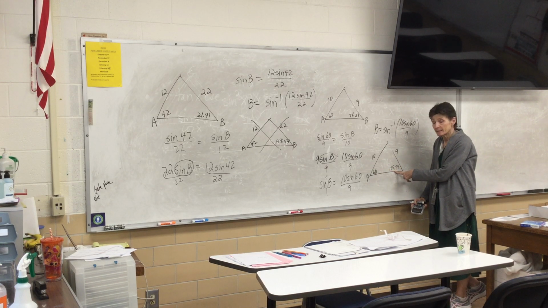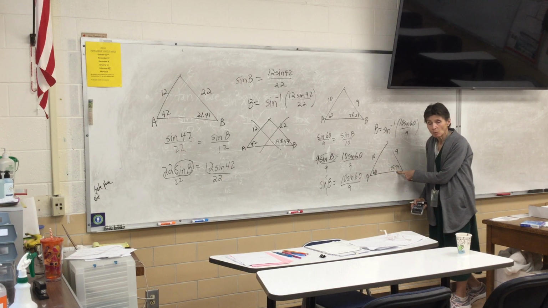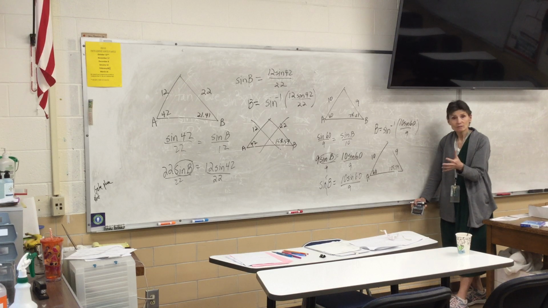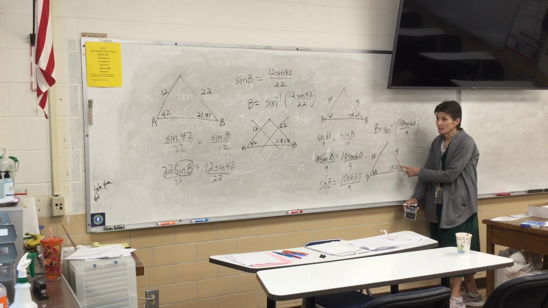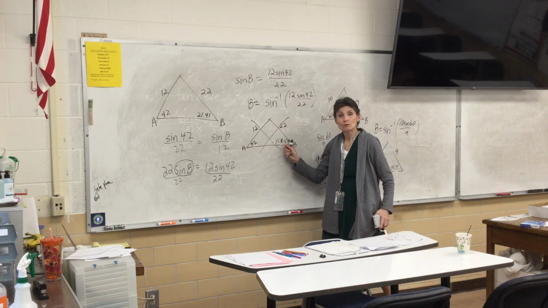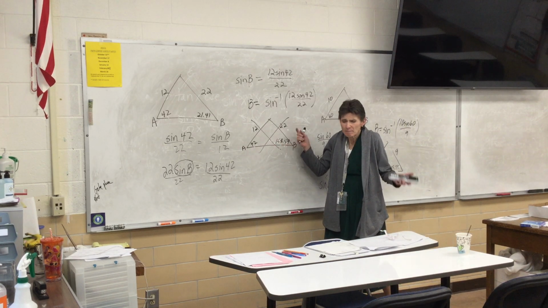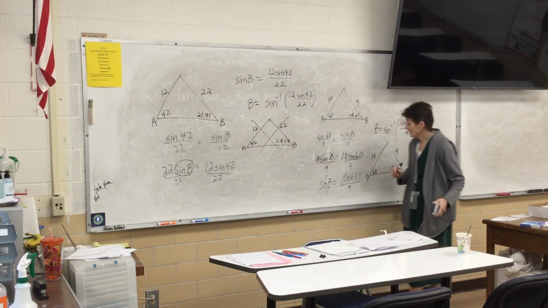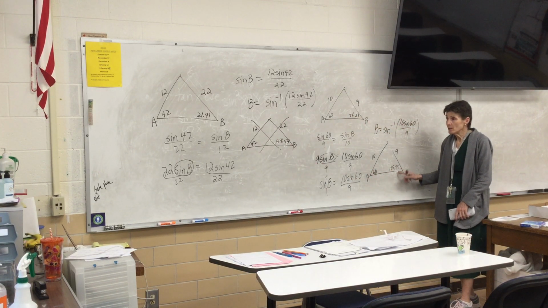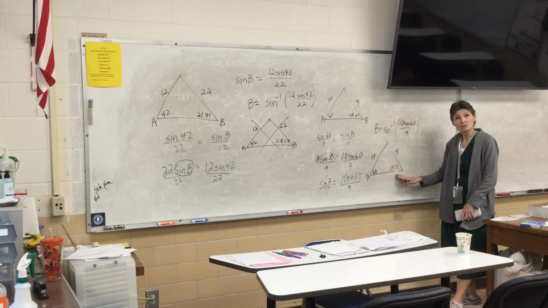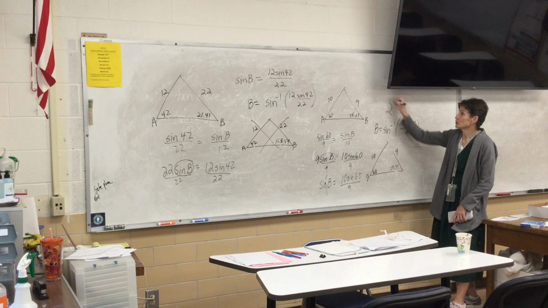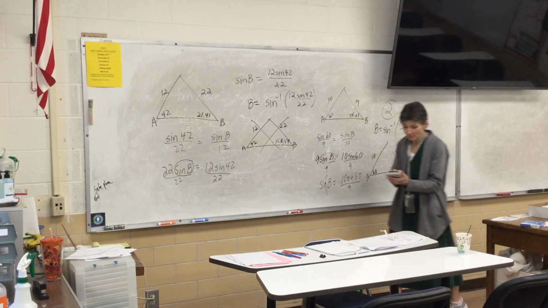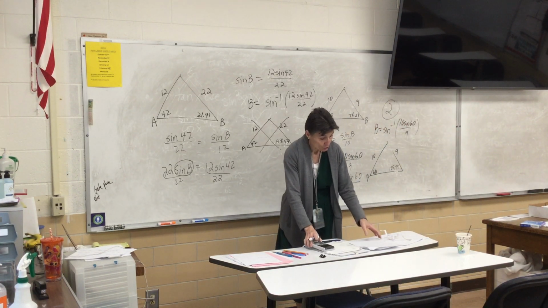Yes, because 60 and 105 make less than 180. That's the rule. Triangles have to have 180 degrees. All three of them have to add up. Over here, these two made more than 180. Can't be. No, that didn't work. This one does work. So both of these triangles are okay. How many triangles are possible? 2. The answer to problem E is 2.